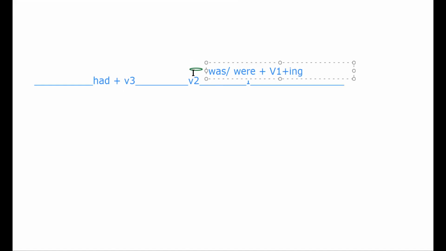If it is from here to here, that is called had been V1 plus ing form. This is what yesterday's part, past. Okay, now let us move to, guys, present tense.